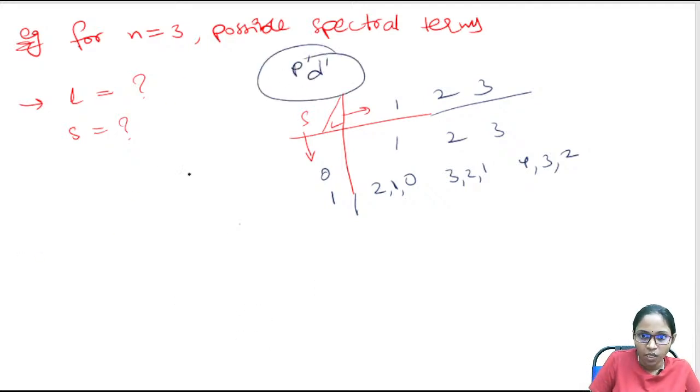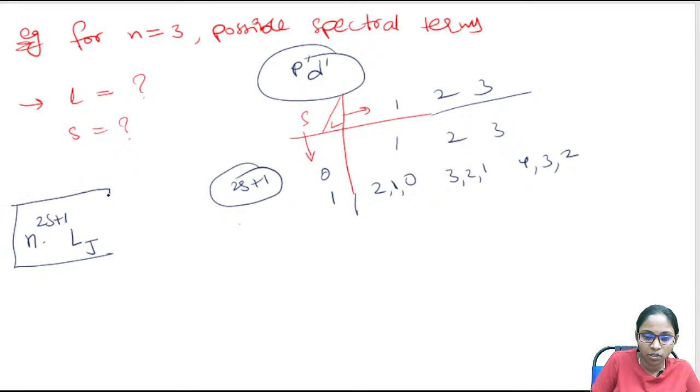Before that we have to find out 2S plus 1, that is the multiplicity. As we know, the spectral term can be written in terms of n, 2S plus 1, L, J, and parity. I am not going to discuss the parity here; in our further class we will discuss about the parity. This is a way to write the spectral term.